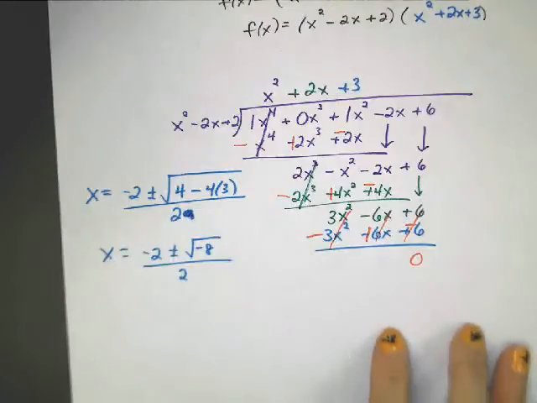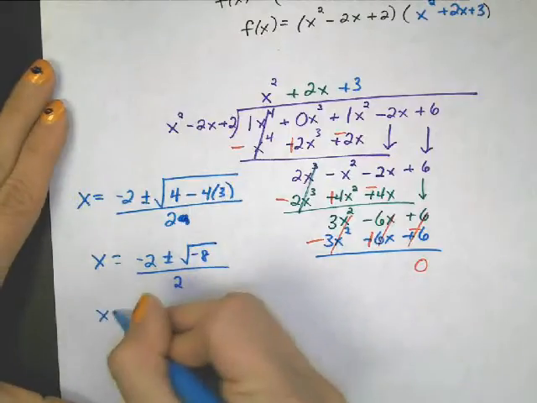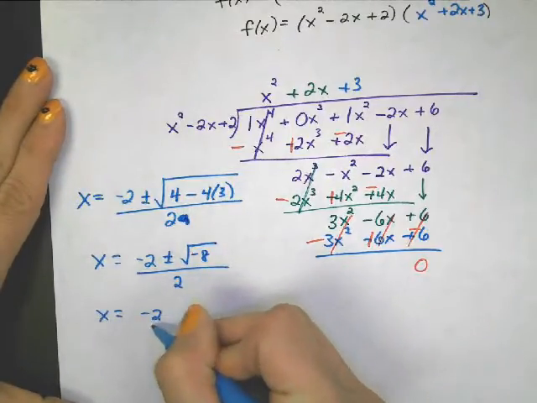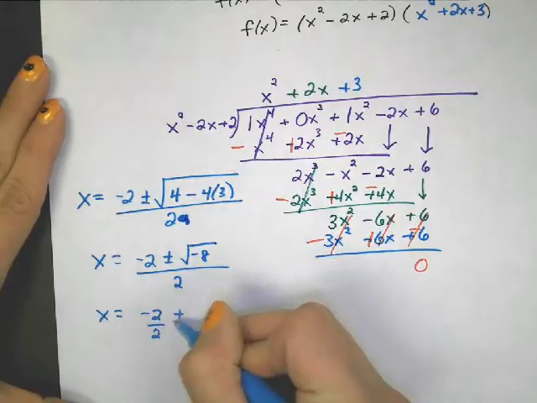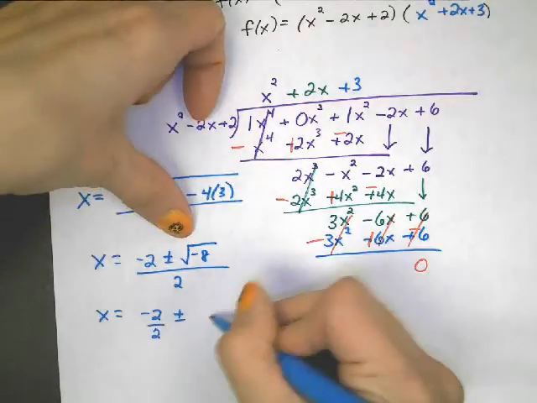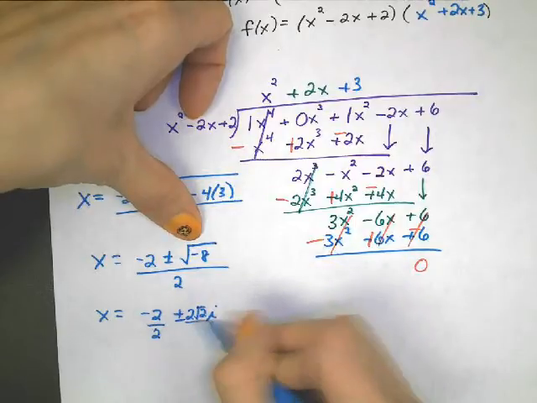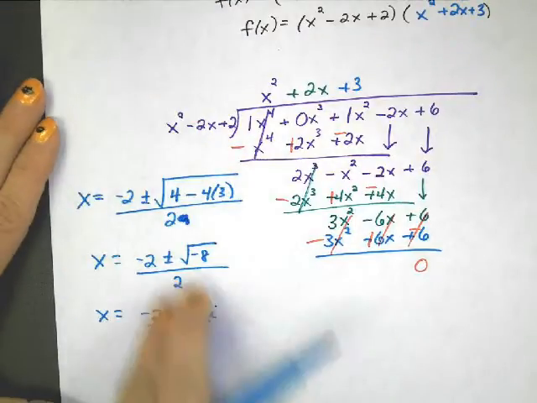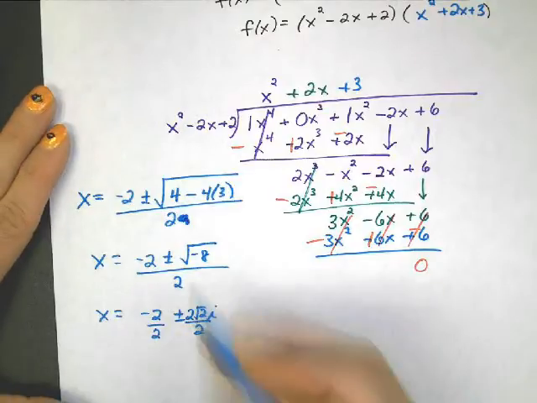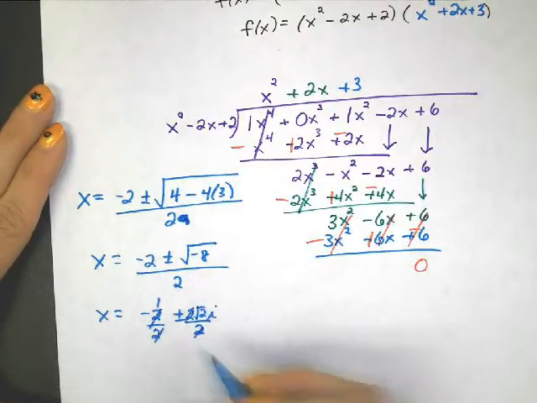Now I'm going to simplify this into 2 terms. Negative 2 gets its own 2. And radical 8 is 2 radical 2, so it gets its own denominator of 2. I like to separate them, give them each their own, so the canceling works out nice.